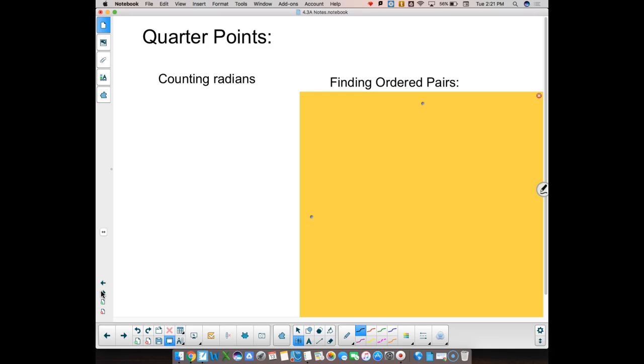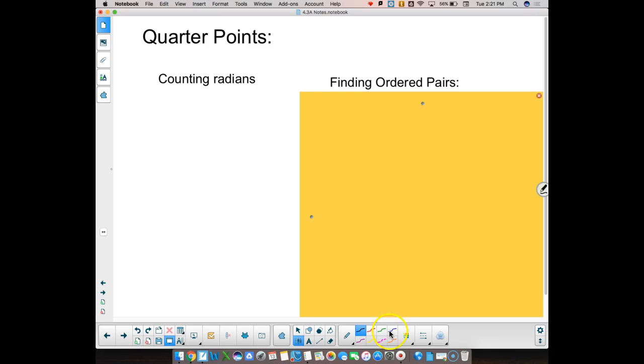In terms of counting radians, they are going to sometimes be in fractional form. The only 2 points on the unit circle that are not in fractional form are 0 and pi. Those are the only 2 that aren't in fractional form. All 14 other ones are going to be in fractions.